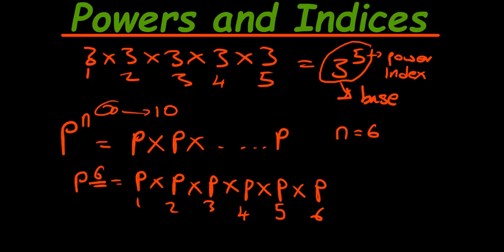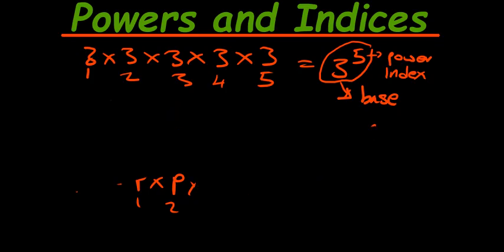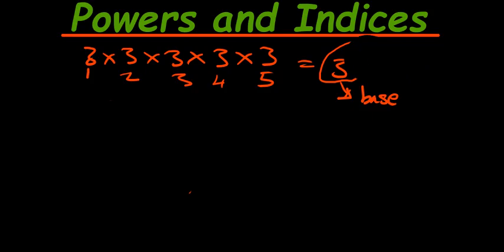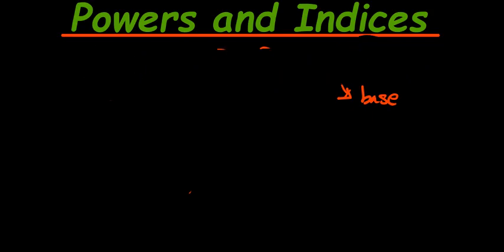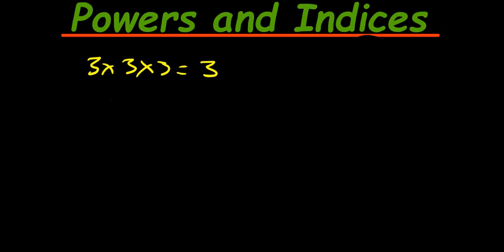Now let's observe this pattern. For example, you might have 3 multiplied by 3 multiplied by 3. This is equal to what? 3 to the power, how many 3's do we have? 1 2 3.